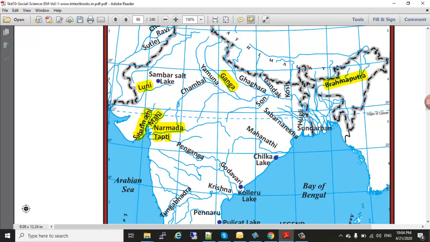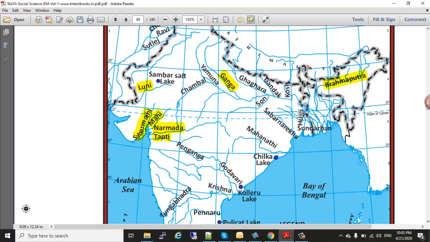Already I have discussed this is a mouth, and now we are seeing the neck region on this side, Gujarat. So Sabarmati, followed by Mahi and now the Narmada River and Tapti River. All these four rivers enter into the Arabian Sea. And apart from these rivers, almost all rivers finally drain into the Bay of Bengal.